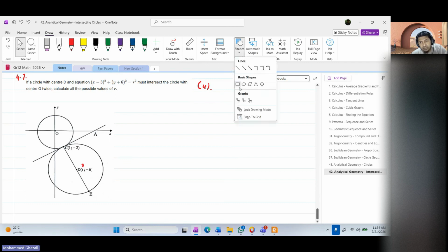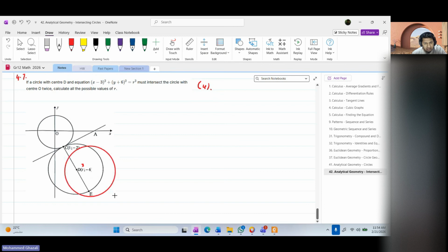Now, remember what this question is telling us to do: you have a circle with center D, right? And it's like doing this, it's just moving a little bit up, okay? The circle is just moving a little bit up.